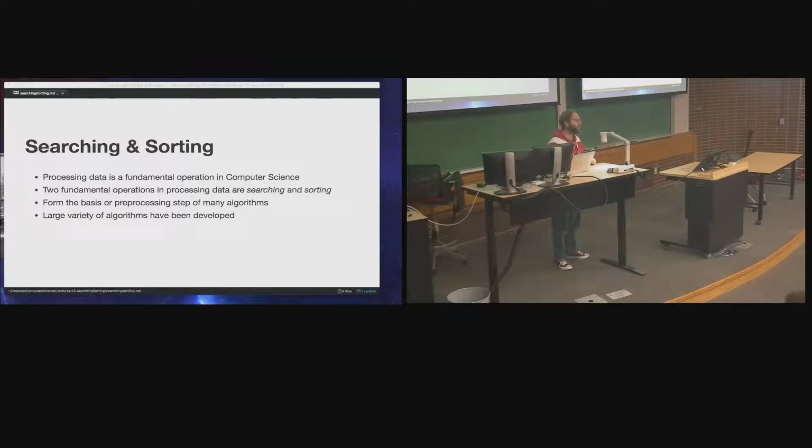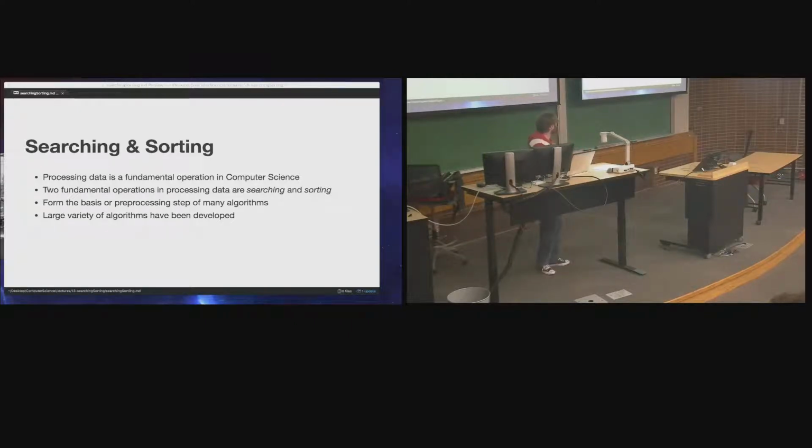Even if you're a business major and you're processing data from an Excel file or something like this, you generally have to have some fundamental organization of your data. You'll be searching through your data, and you'll be sorting data to look at the top hits or something like that. So processing data is fundamental to basically any discipline that has data that needs to be processed.